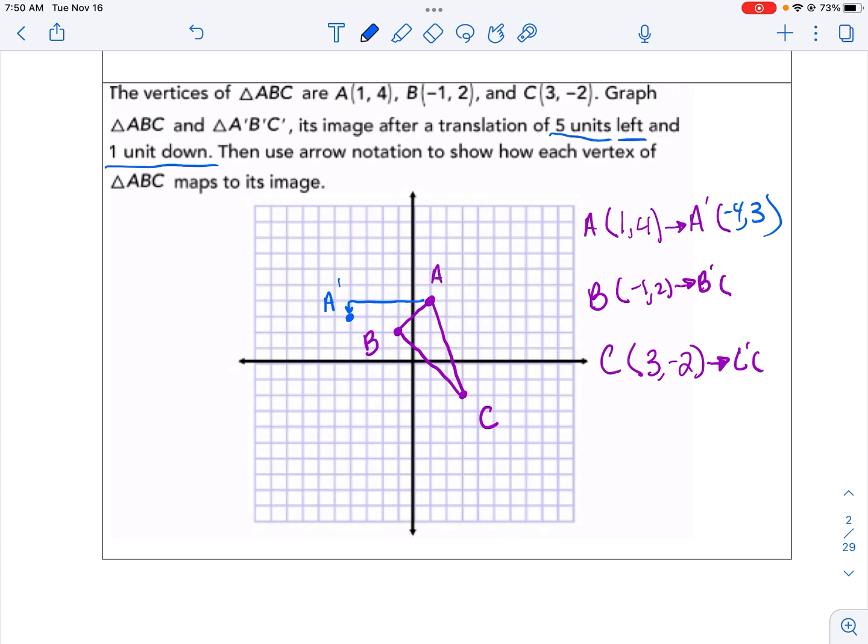Now we have to do the same with B. 5 units to the left, 1 unit down. There is B prime, which is -6, 1. And then C to C prime is right here. And those are the points -2, 3. So here is our new triangle.